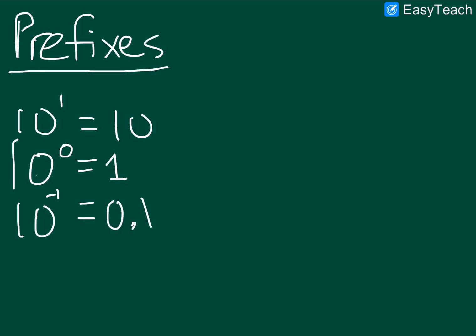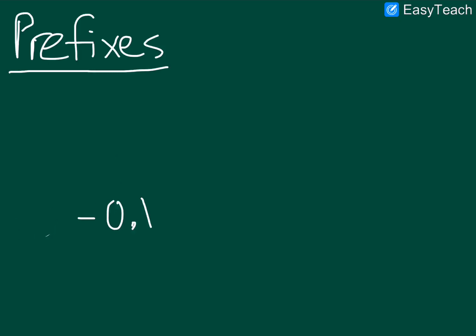Building off of this, I'm going to write a bunch of different powers of 10, and I'll tell you what the prefix for each of them is, and why it's useful.